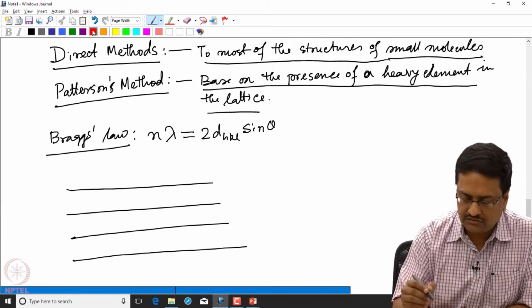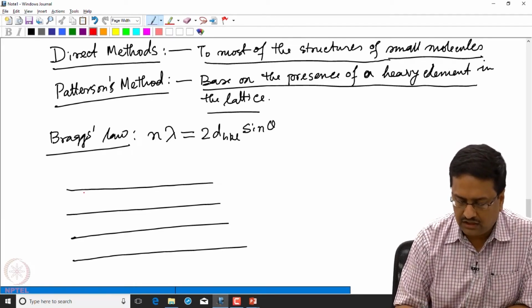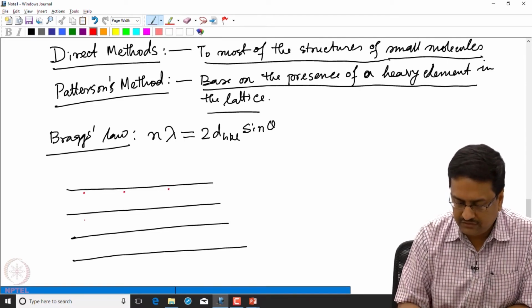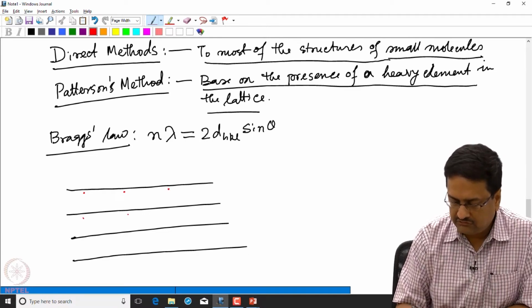Now, suppose we have a set of HKL planes as I am drawing, and the atoms that we are trying to locate are placed very close to the plane that we are trying to probe with the X-ray beam.